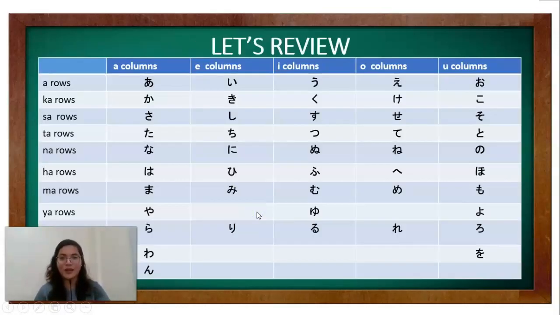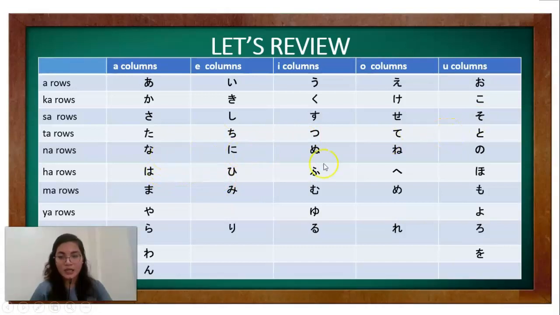Okay, good job. And now let's review all the rows in chart 1. This is the first row. A, I, U, E, O. Ka, ki, ku, ke, ko. Sa, shi, su, se, so. Ta, chi, tsu, te, to.